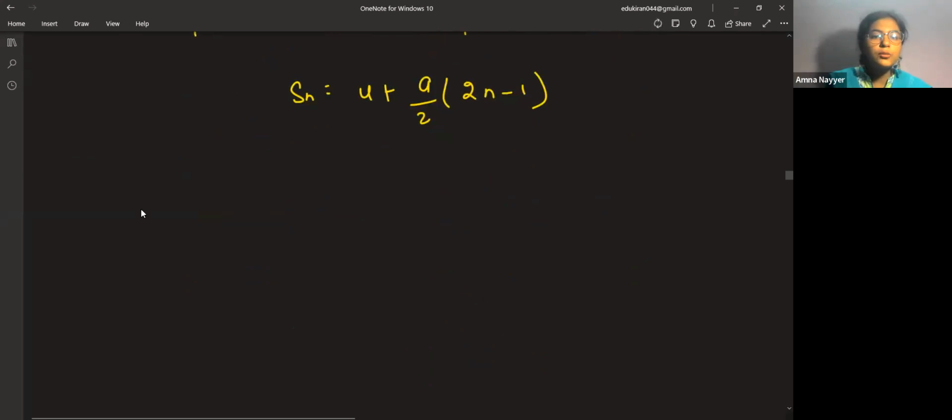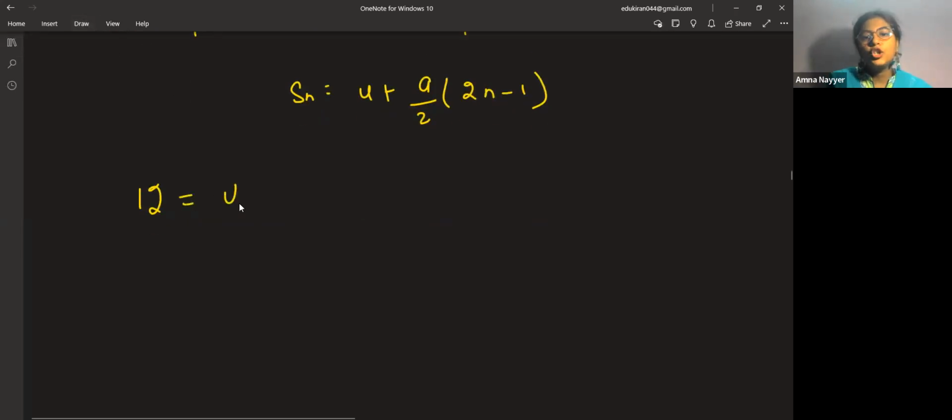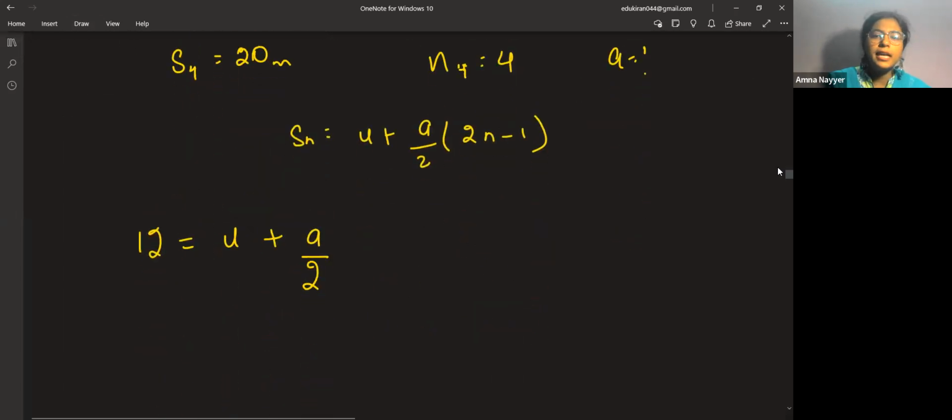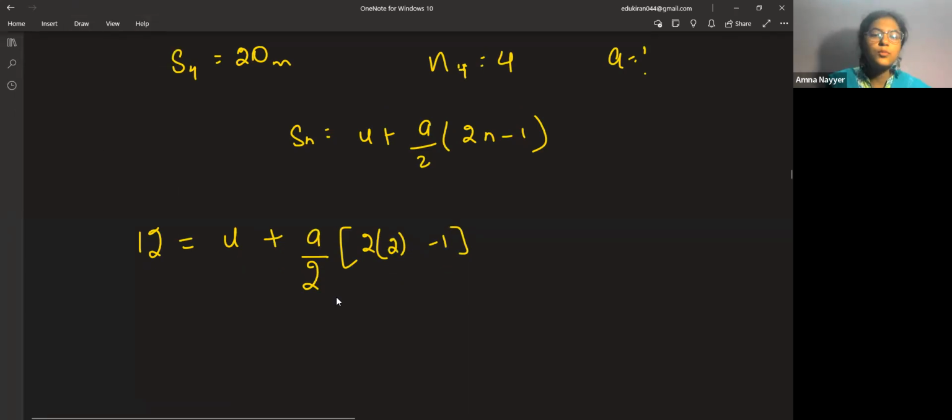So this is going to become 12 is equal to u plus a by 2, n was 2, so that becomes 2 into 2 minus 1, which is 3.